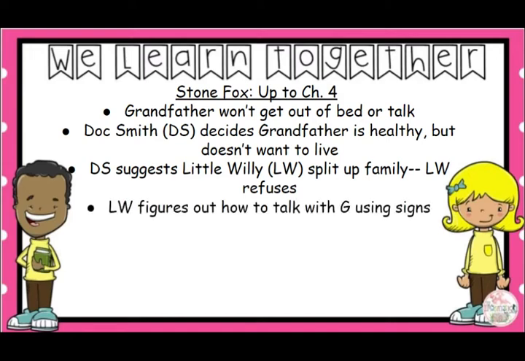Then little Willie figures out how to talk with grandfather using signs, using the palm up, palm down, 1, 2. He's learning how to communicate with him. Then little Willie discovers that there's no money.